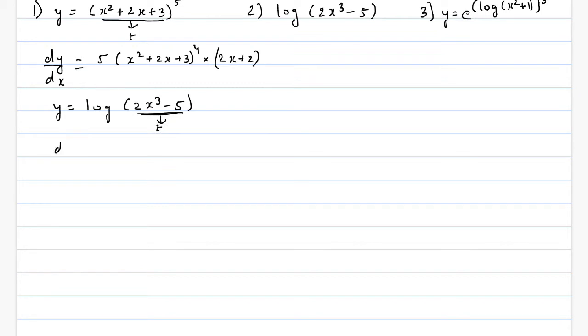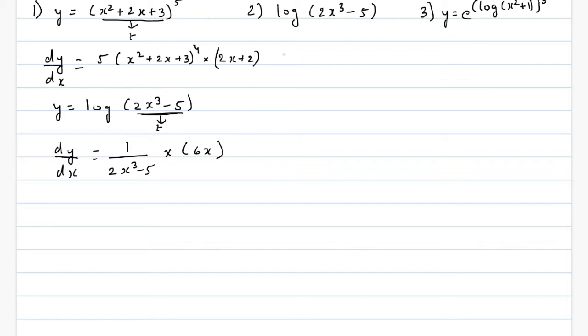When I differentiate dy by dx, first I will differentiate log t, that will give me 1 by t, or you can say 1 by 2x cube minus 5, and then we will differentiate this 2x cube minus 5, that gives us 6x square. So this becomes our answer. If you want you can simplify, if you want you can write them together, however you feel.